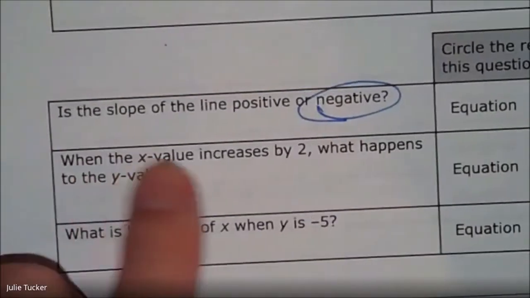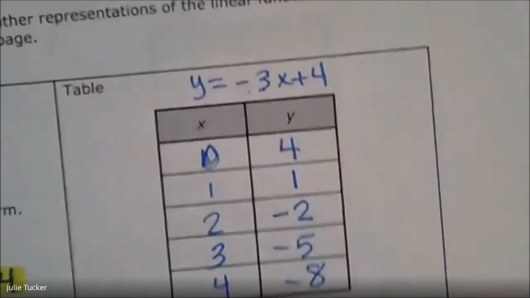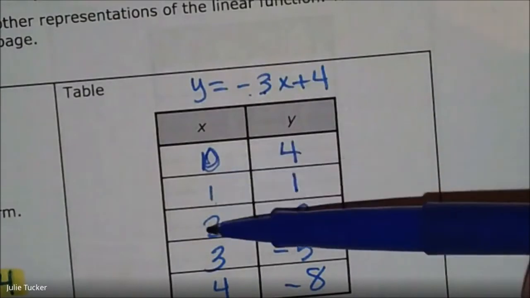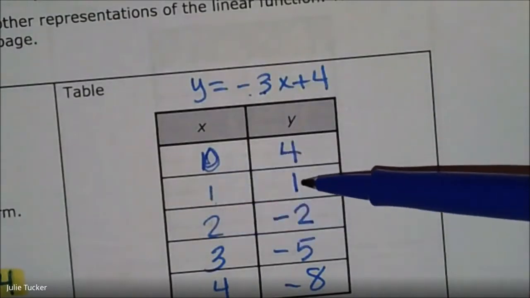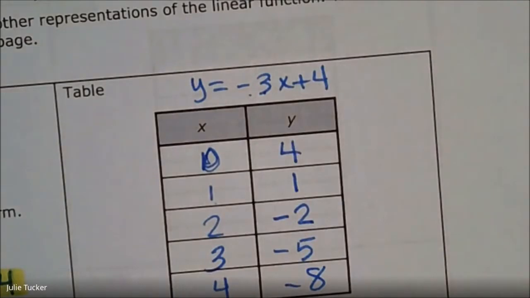When the x value increases by 2, what happens to the y value? So let's go to the table. If you increase x by 2, y is going to go down by 3 twice. So how much does it go down if it goes down 3 twice?